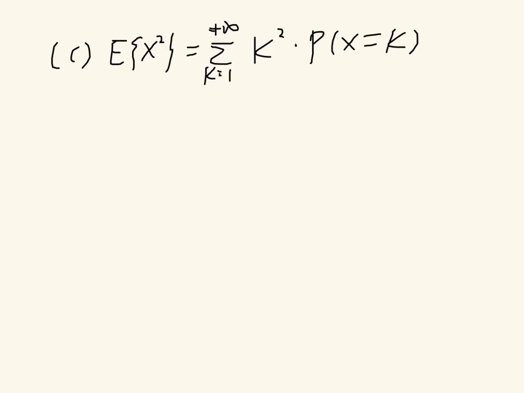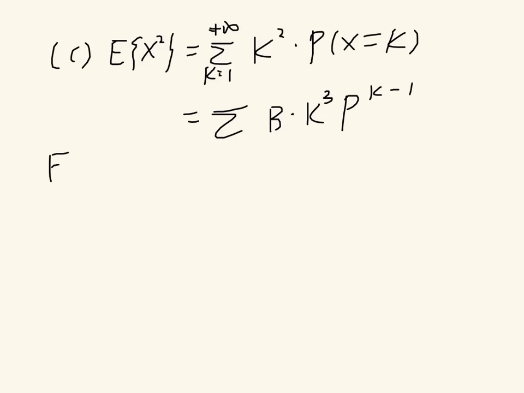The problem C needs us to find the expected value of X squared. According to the definition of expected value, we have the sum of k from 1 to positive infinity, k squared times P(X = k), and it's equal to b times k cubed p to the power k minus 1.